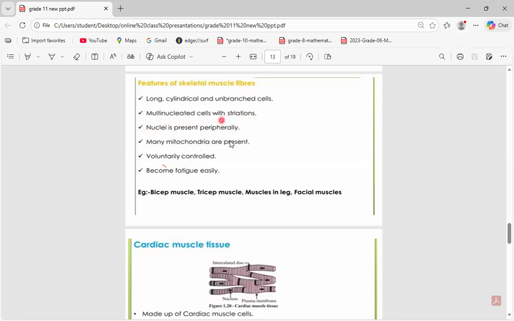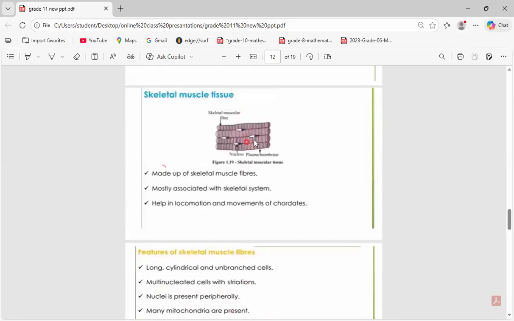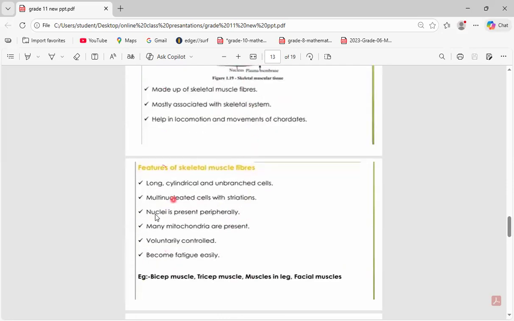Multinucleated cells with striations, and the nuclei are present peripherally. Many mitochondria are present. Mitochondria means it is giving more energy to us, right? And next one, voluntarily controlled, and become fatigued easily.